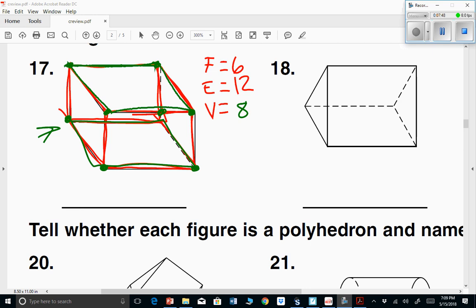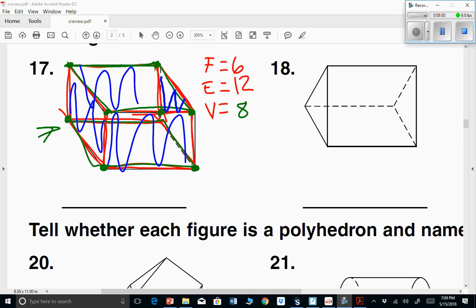And then those two bases are joined by, some people would say parallelograms, but for our purposes, they're all going to be rectangles. So a top and a bottom are joined by 4 rectangles. That's called a prism. And this one's called a rectangular prism because the base is a rectangle.